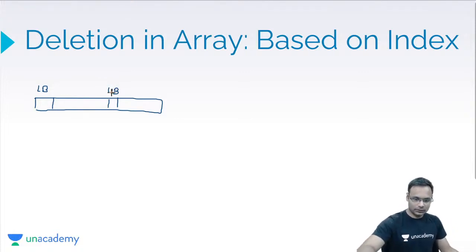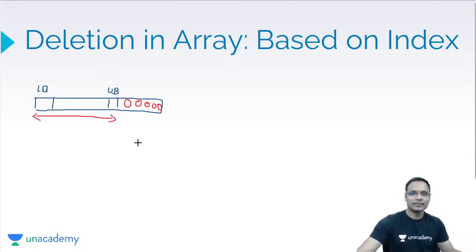What element can you delete? Can you delete the element present at upper bound plus 1 or beyond? No. Why? अरे यार एलिमेंट तो यहीं से यहीं तक प्रेजेंट है, इसको थोड़ी डिलीट कर देंगे. We have elements from lower bound to upper bound only. So the deletion should be done between lower bound and upper bound only.